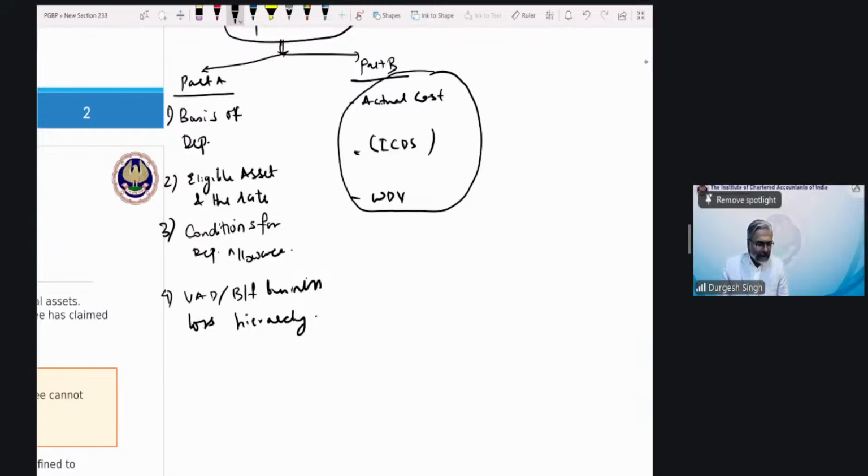Say for example, there are tangible assets, students. In the tangible assets, there is plant and machinery, then there is a building, and then there is furniture and fixture. So there are three particular broad categories.